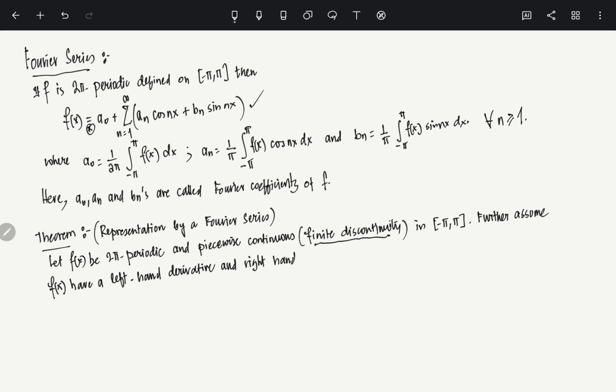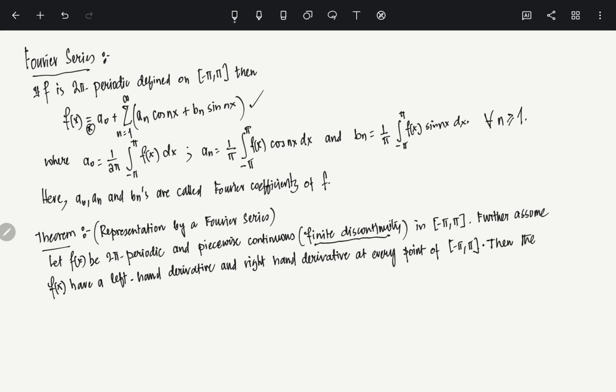So both the left hand and right hand derivative exist at every point of the interval minus pi to pi. Clear? So essentially what we are saying is you have a piecewise continuous function which is 2 pi periodic, and the left hand derivative and right hand derivative have to exist at every point.